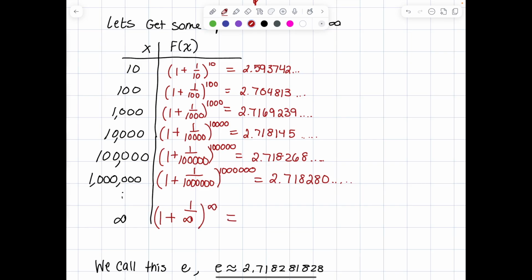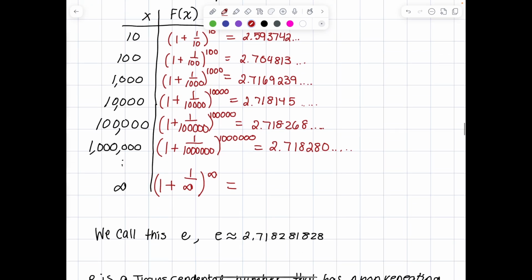This is some illegal math stuff. Dividing by infinity is not usually allowed. And then that infinity on the outside requires you to do some math skills that we haven't quite mastered yet, to actually evaluate what would happen if you plugged in infinity into this function.